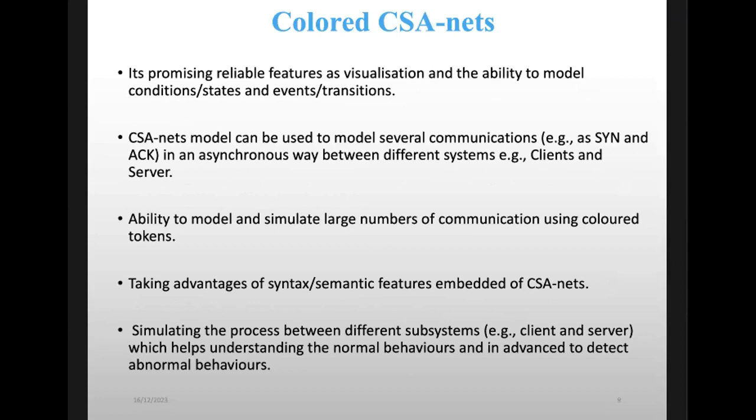is a new extension of communication acyclic net, which can now model different tokens with different values, distinguished by different colors. So now CSA-Net can model communication between more than one client and one server.